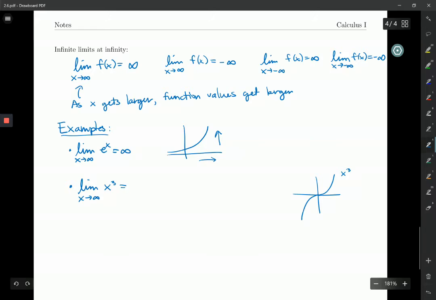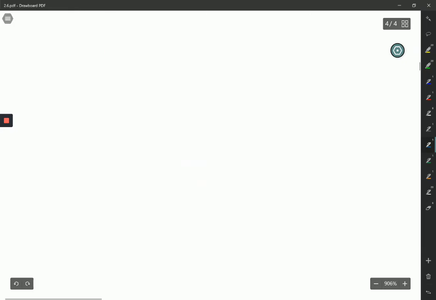And so we can say from the graph that the limit is equal to infinity. And also, as x goes to minus infinity, the function gets very large and negative, so the limit of x cubed goes to minus infinity.